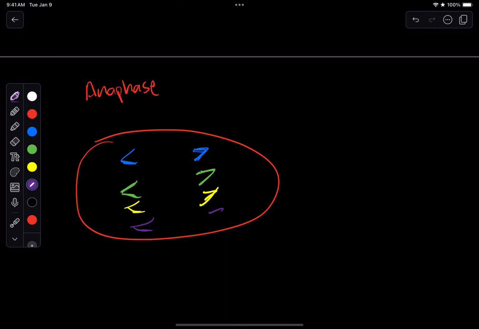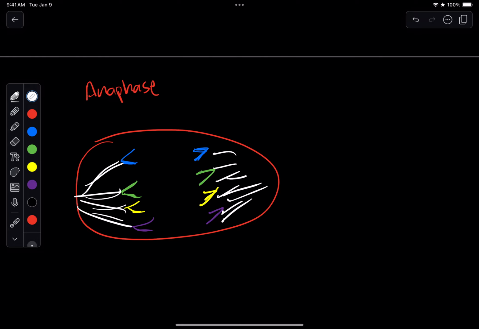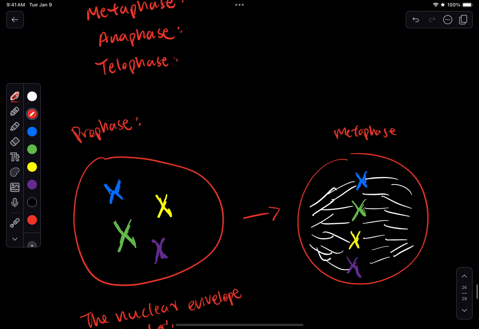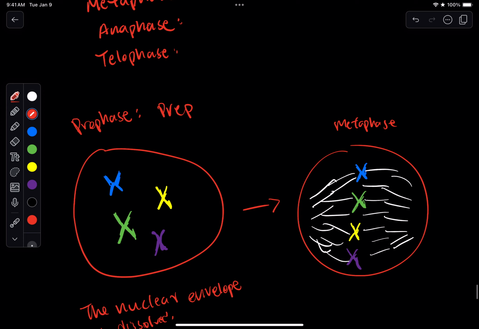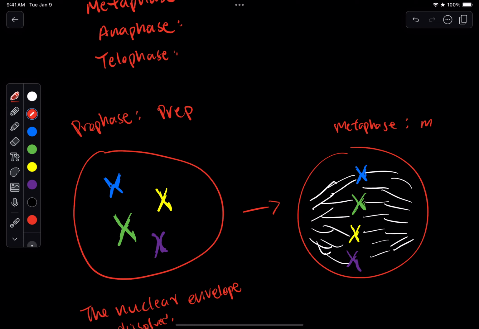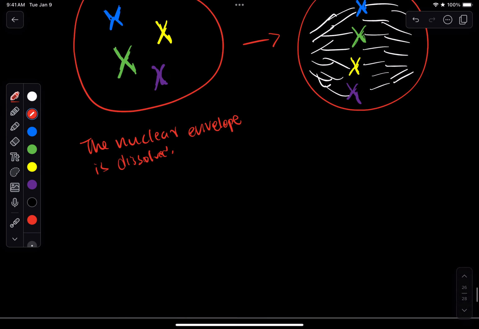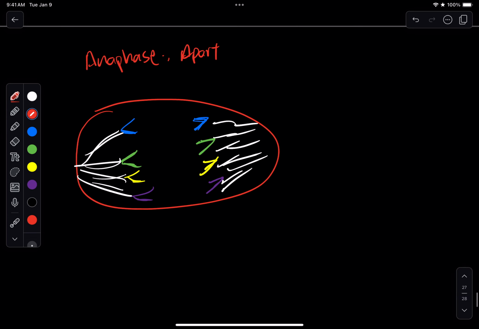They're all different shapes, and they're pulled apart and pulled apart. Anaphase means apart. Prophase you can remember as prep, metaphase is middle, and anaphase is apart. That's when the chromosomes are pulled apart.